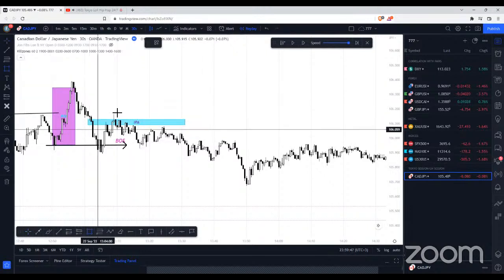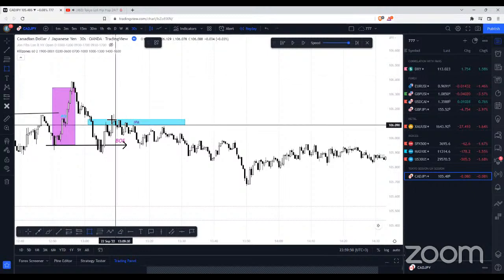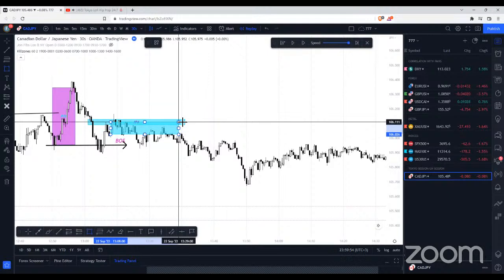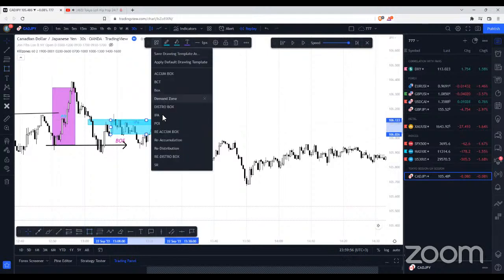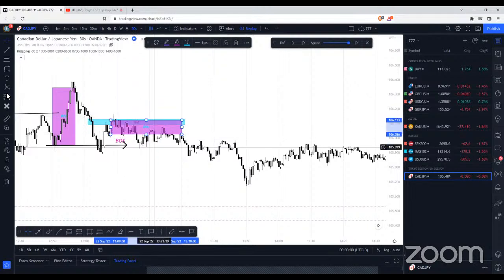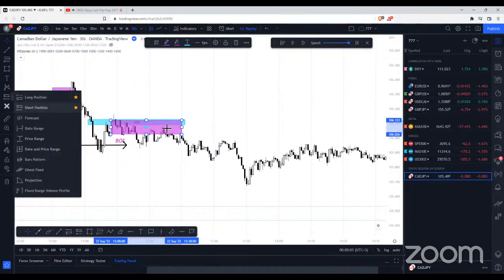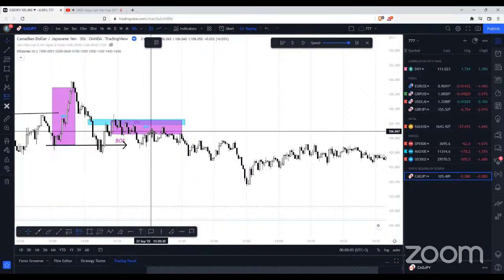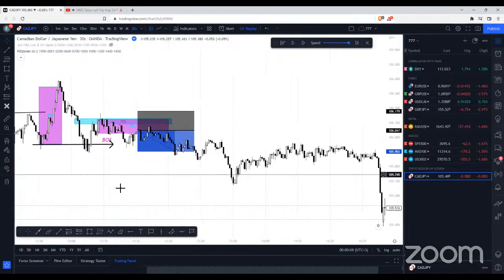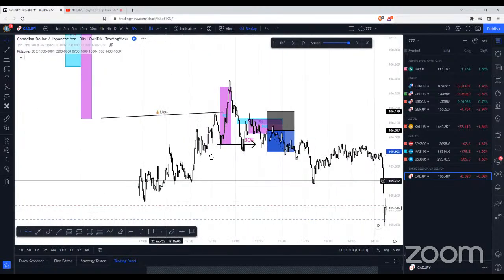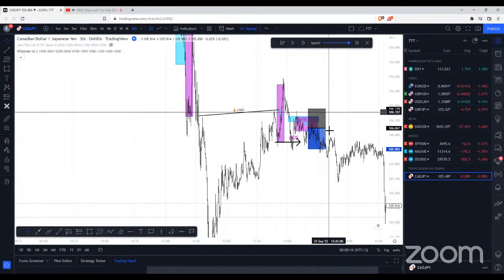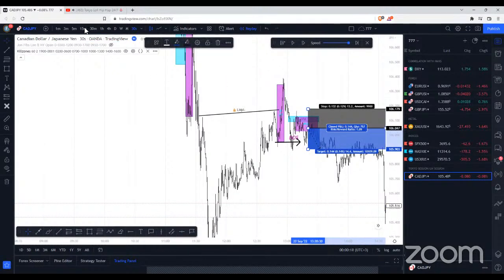I played it off the imbalance, putting my stop loss above here. But you could have played it like this: point of interest, swept liquidity out of the imbalance. Once you come back in there, put your stop loss above this high. And then you've got a very, very clean trade, which I'm probably going to open so I can go to the higher time frame.